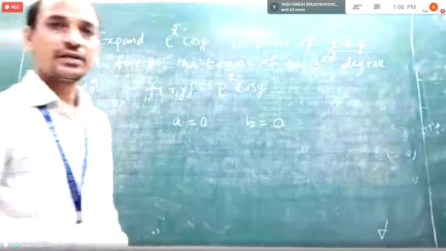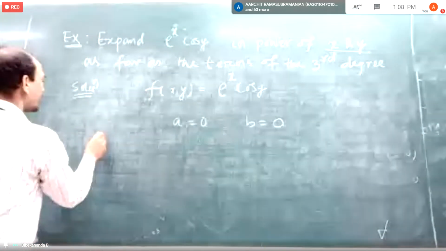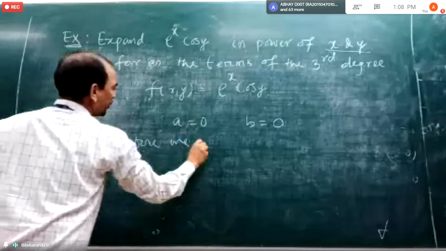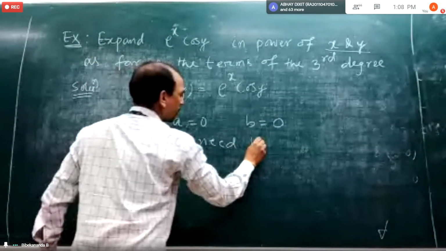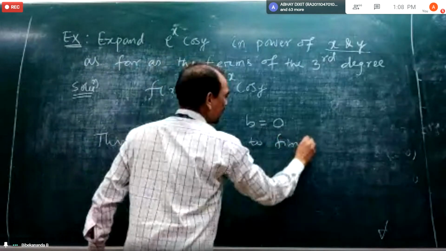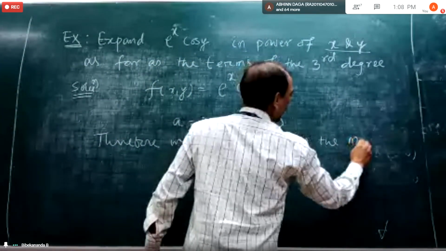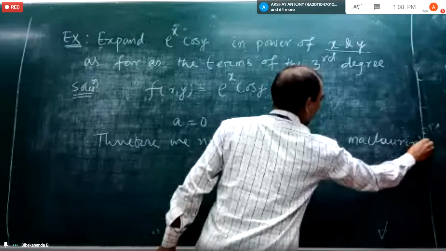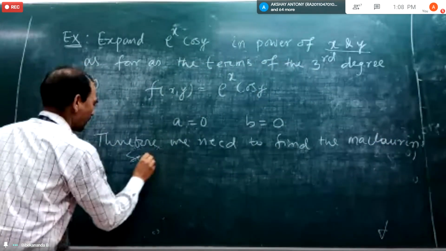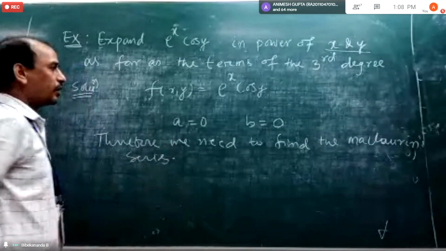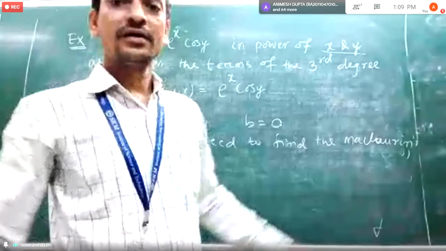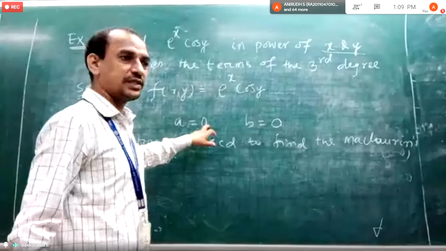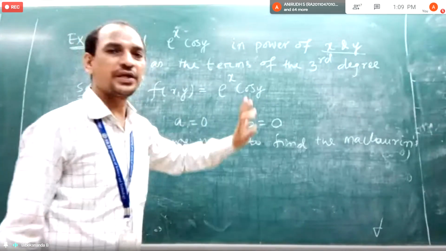Therefore, we need to find the Maclaurin series, because a equal to 0, b equal to 0.